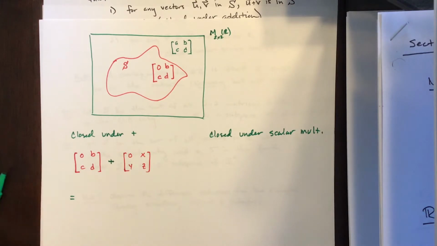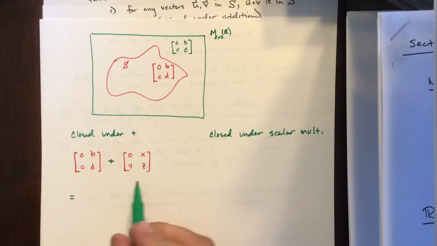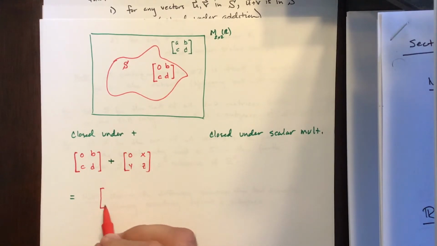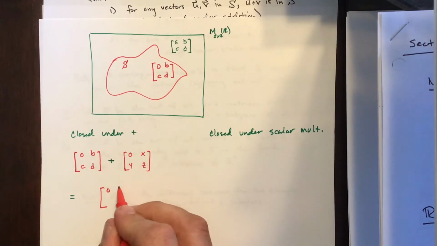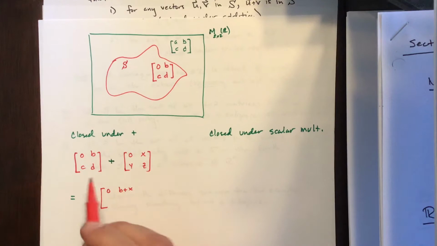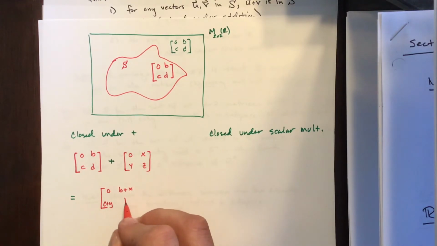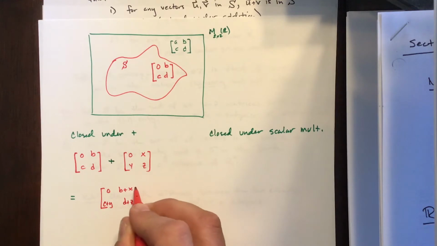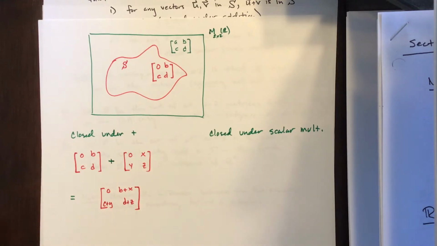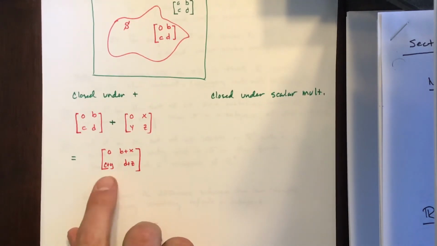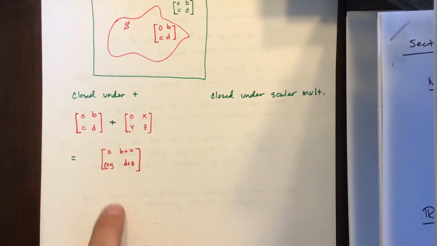So what happens when you add these two 2 by 2 matrices together? What do you get in the upper left-hand corner? 0 plus 0 is 0. Then b plus x, c plus y, and d plus z. Is this matrix, the result of adding the two above, in the subset S?